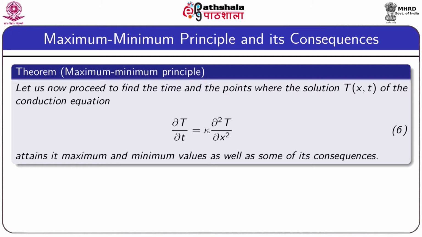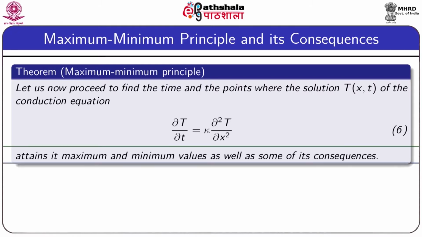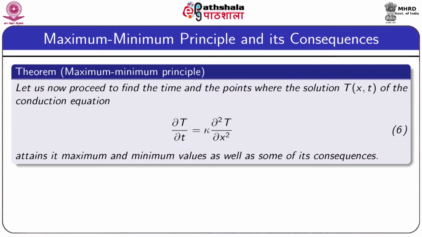So, for the derivation, we are going to show it. In this section, I am going to discuss the maximum minimum principle and its consequences for the one dimensional heat equation.